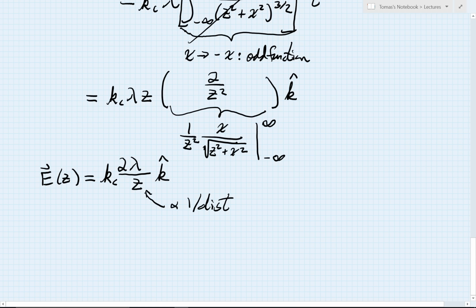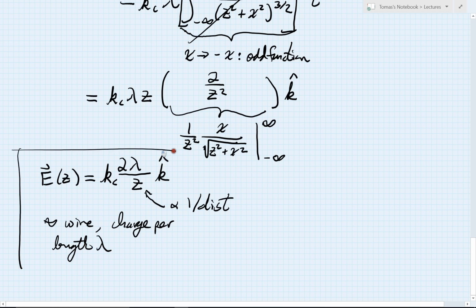This is a handy one because charged wires come up frequently in various applications. So I'm going to write down that this is for an infinite wire of charge per length lambda. And I will put a box around our result.